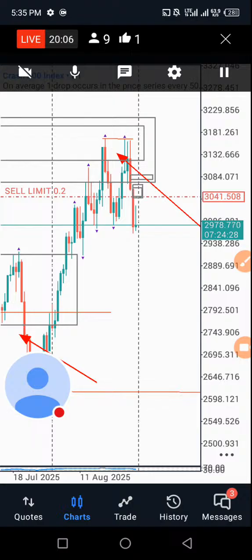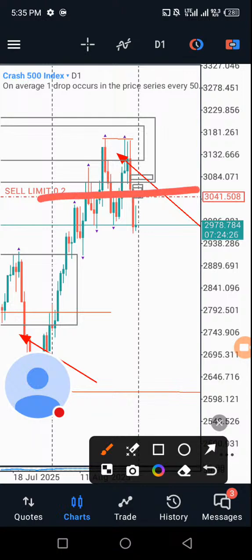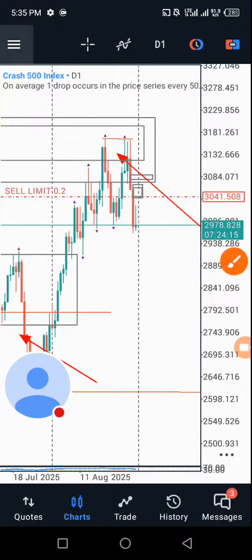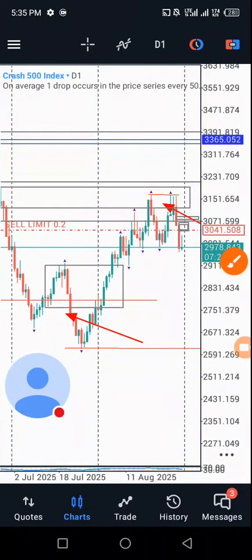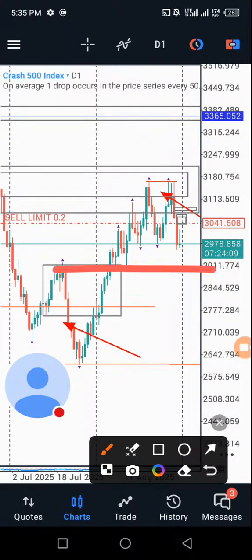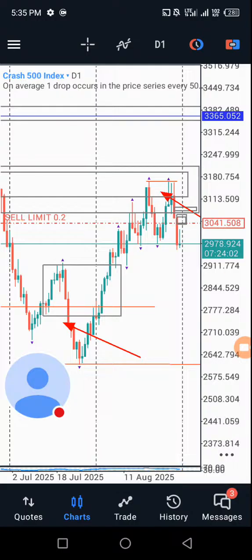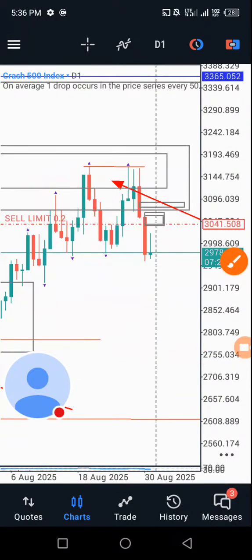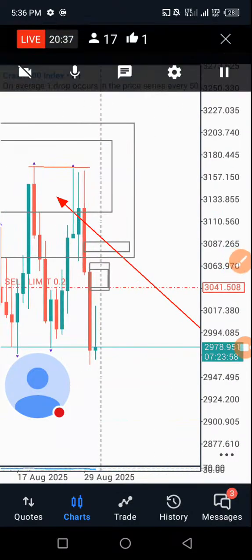So I'm expecting price to get to this sell limit that I've marked here, and then maybe I'll open 3 positions here so that I'll have my first take profit here, my next take profit somewhere here, and my third take profit somewhere here. That's if price will ever get to this place, right? So that's what I would do, personally.